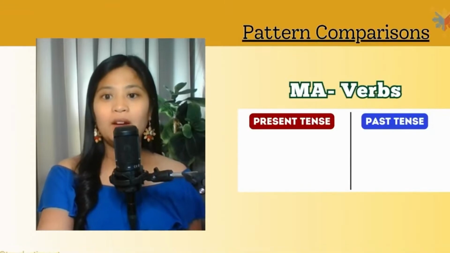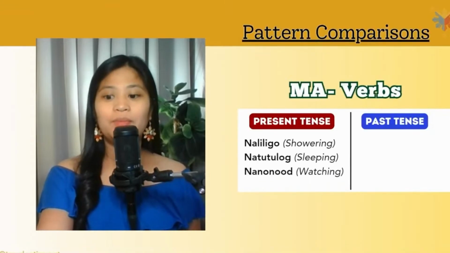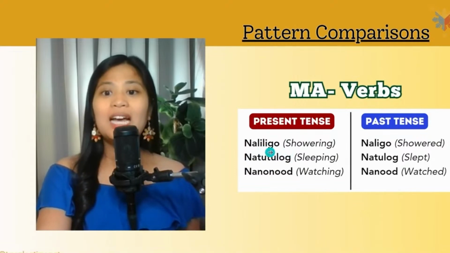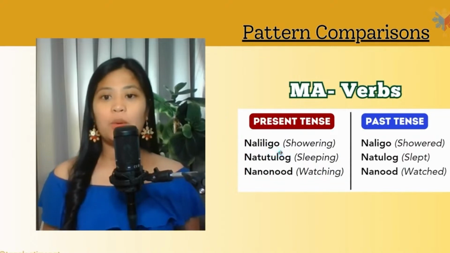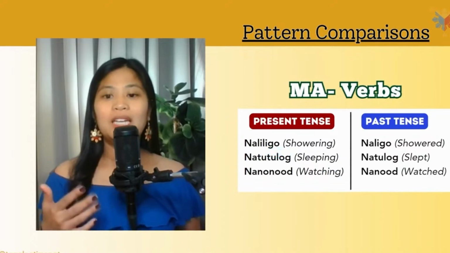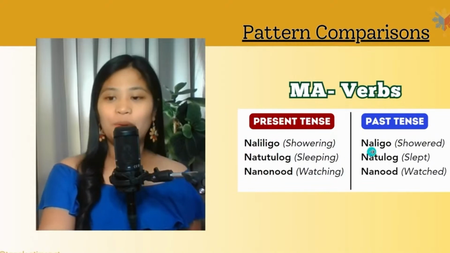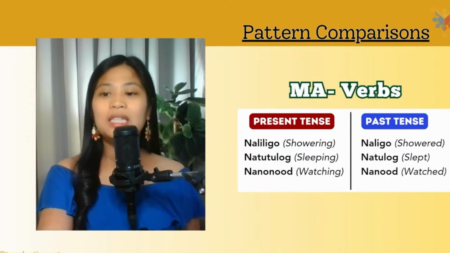Let's compare. So in the present tense, I think it'll help if I put them both up together. In the present tense, shower is naliligo. I am taking a shower. Naliligo ako. In the past tense, it's naligo. Naligo ako. That's showered. I took a shower.